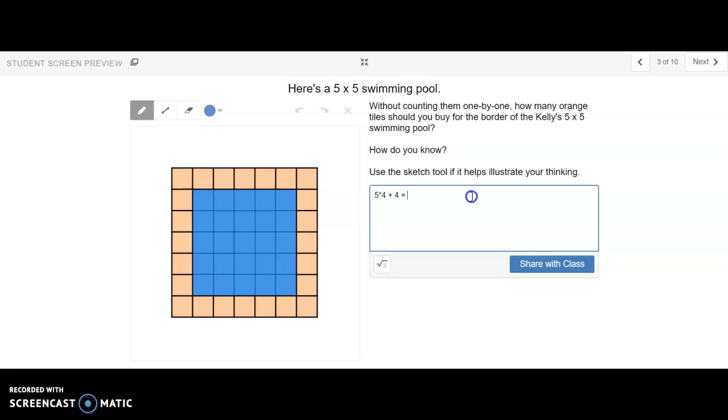So 20 plus 4, which would give me 24 squares, or tiles. So she needs 24 tiles around her pool. How do I know? You can say the same reason. I knew the sides, therefore I could figure them out, and I needed to include the corners in order to make sure the whole pool is covered.